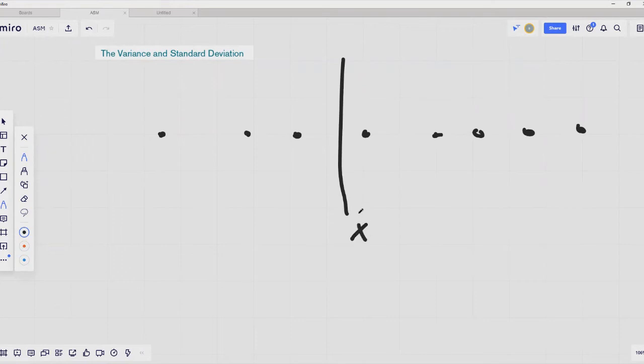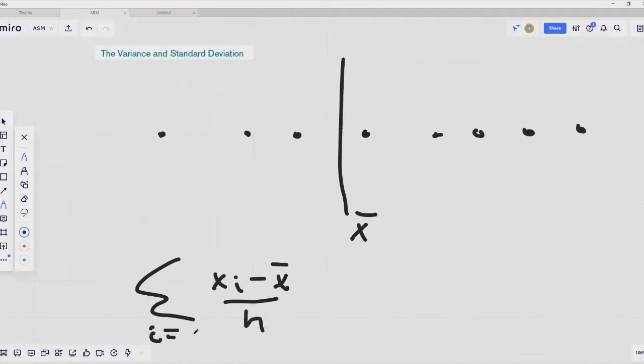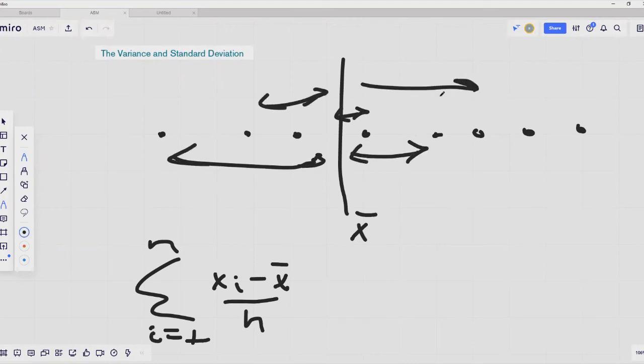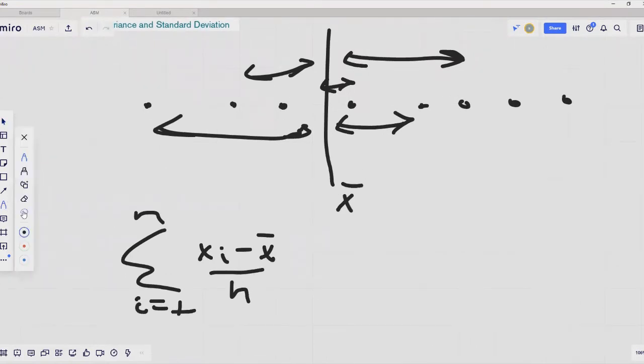Here is our sample mean, and we can calculate the following sum, the average of deviations from our sample mean. In other words, we calculate these distances over here and take their average. If we take a closer look at this formula, we can see that it is exactly equal to 0, since the positive deviations will cancel out the negative ones.